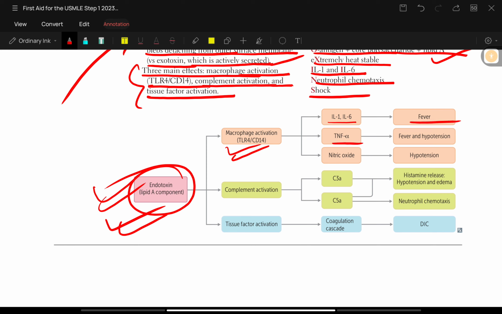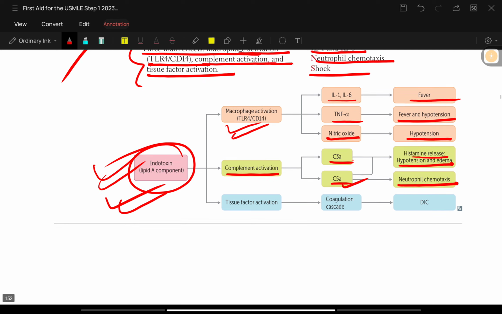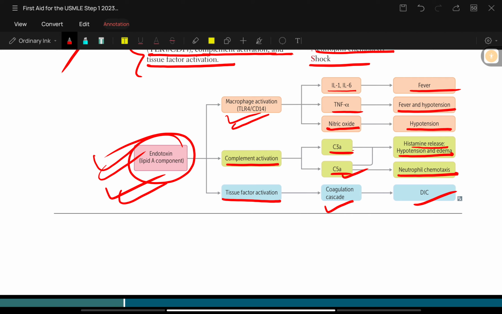Tumor necrosis factor alpha causes fever and hypotension. Nitric oxide causes hypotension. Complement activation leads to C3a and C5a activation. C3a causes histamine release, leading to hypotension and edema. C5a causes neutrophil chemotaxis. Tissue factor activation causes coagulation cascade activation, that is DIC.